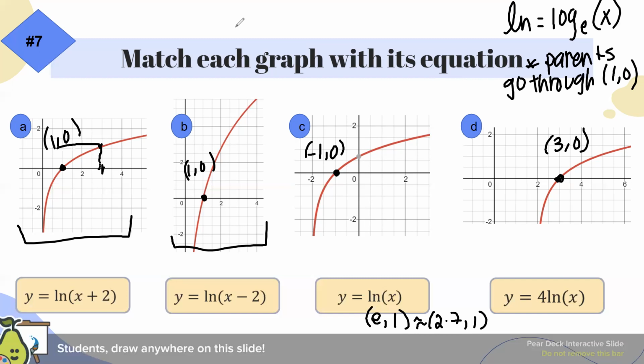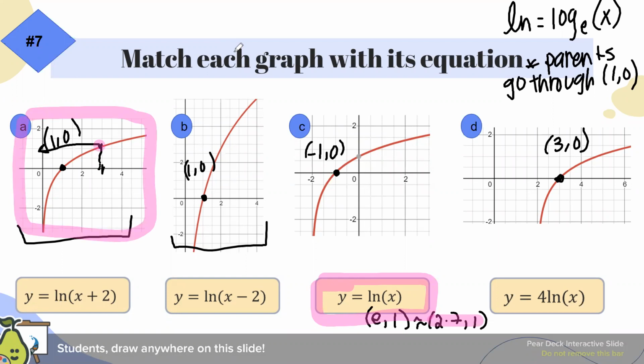Oh my goodness, that lines up with 1. So graph A should be the natural log of x, because it goes through the point (2.7, 1). That's this point right here.